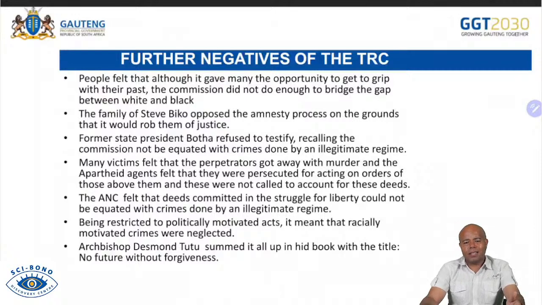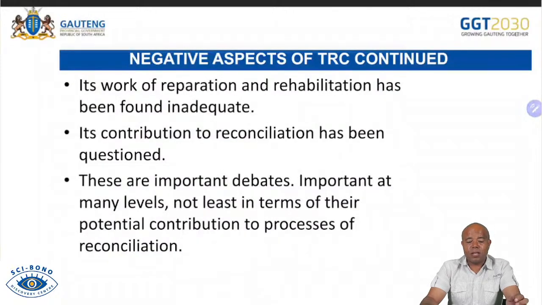So the people felt that the TRC was not a success because only 849 people received amnesty. So that in itself informs us that from 7,000 people, 849 people received amnesty. So that actually left a bitter taste within the people in South Africa.